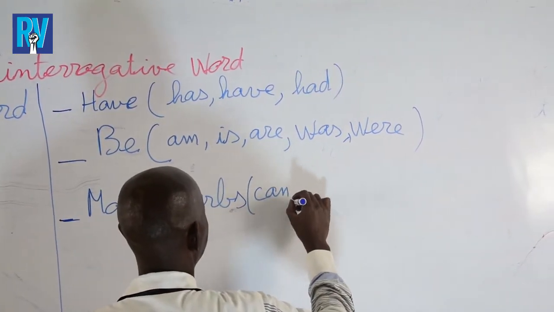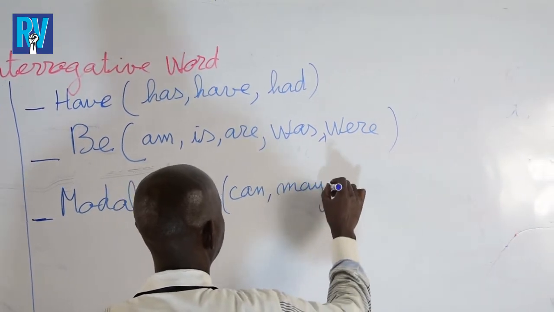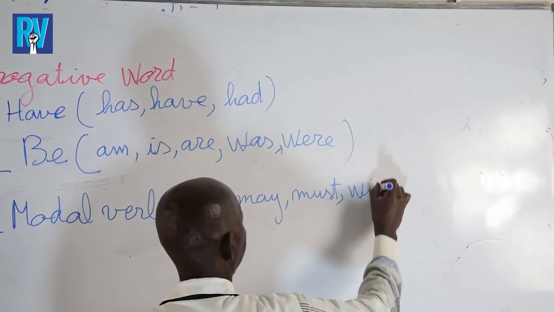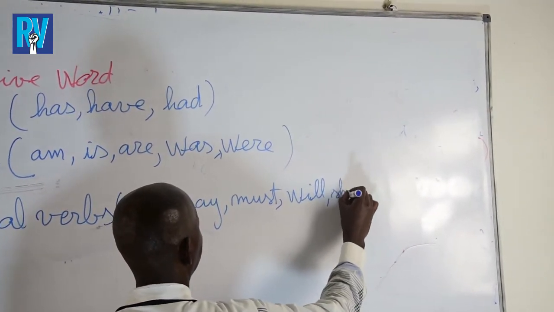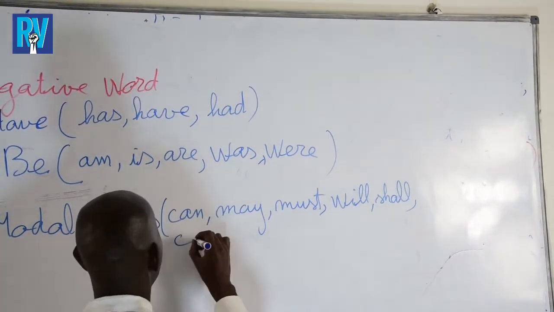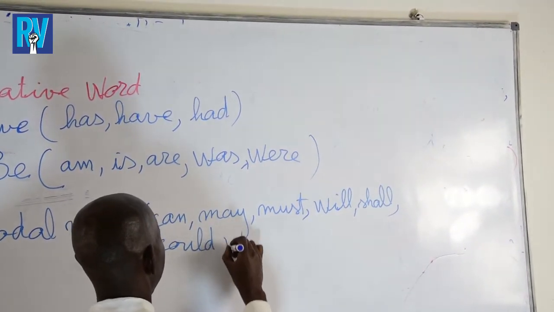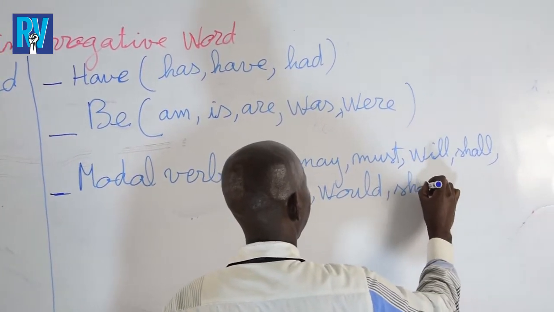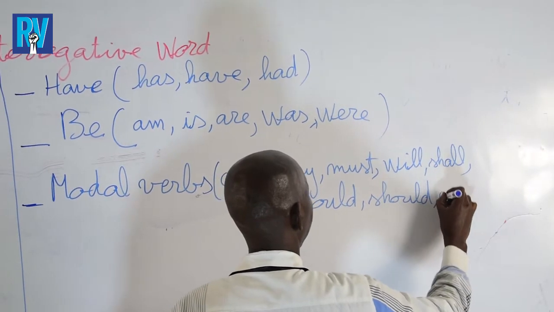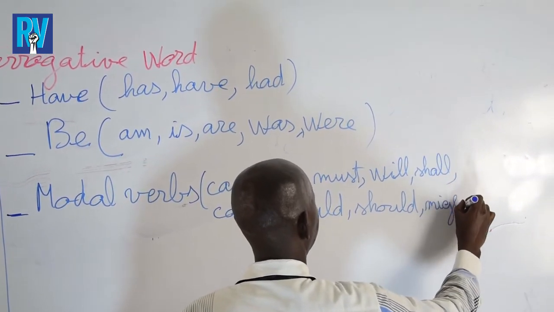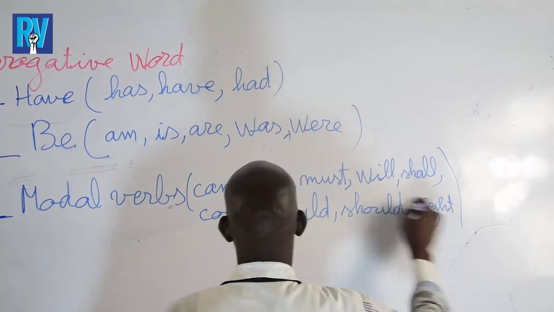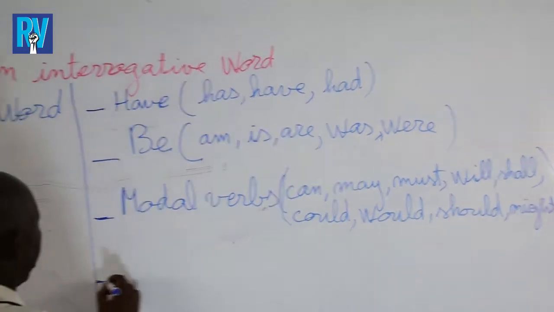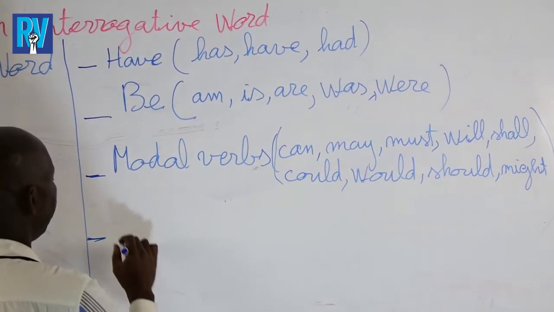Can, may, must, will, shall, could, would, should, might. This is another one. And the last one is, you can have what is called the grammatical do.